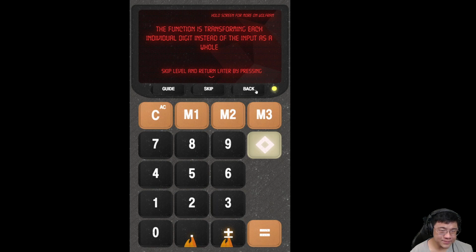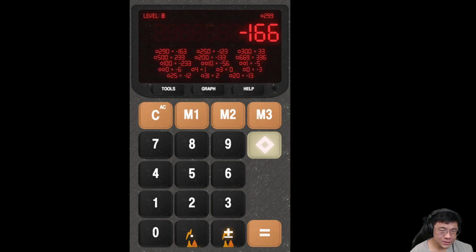Oh, I see. Is it just flipping? Well, no, it's not. Is it flipping the sixes? Seems like there's more to it than that, but that doesn't really explain why. Are zeros becoming... no, they're not. Threes becoming zeros. 500.